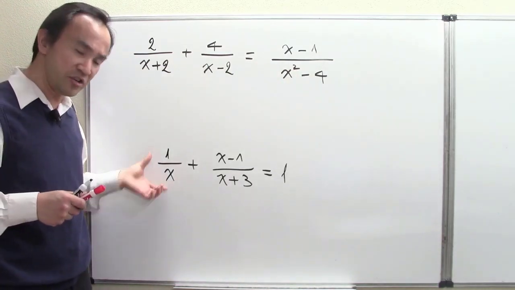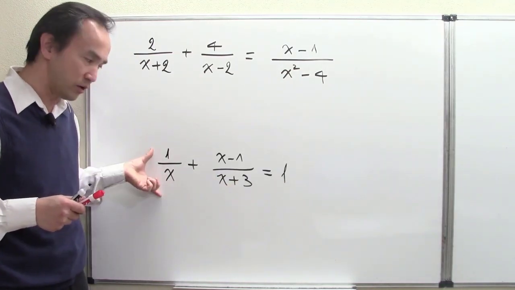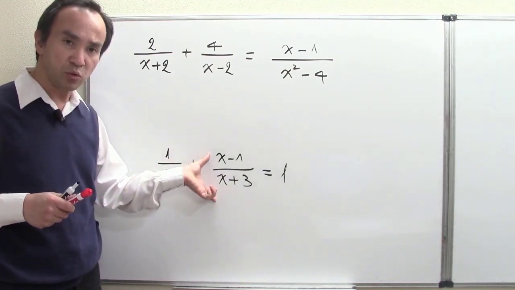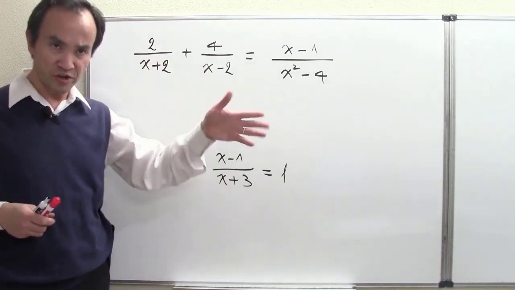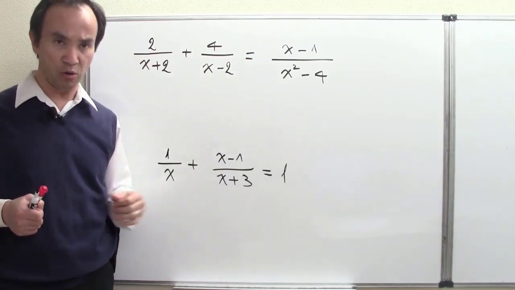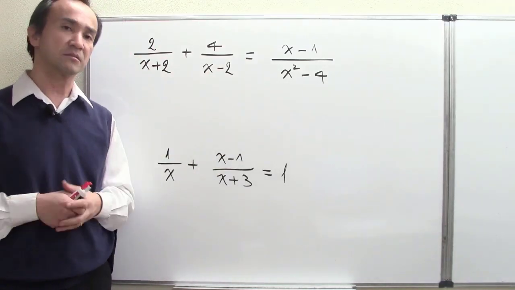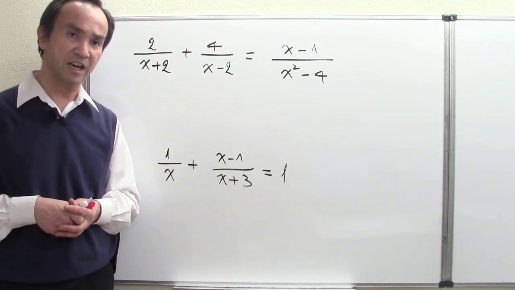And this equation here has two rational expressions on the left-hand side, 1 over x and x minus 1 over x plus 3. So an equation is regarded as a rational equation anytime any one of the terms of our equation involves a rational term. That's what it means to be a rational equation.